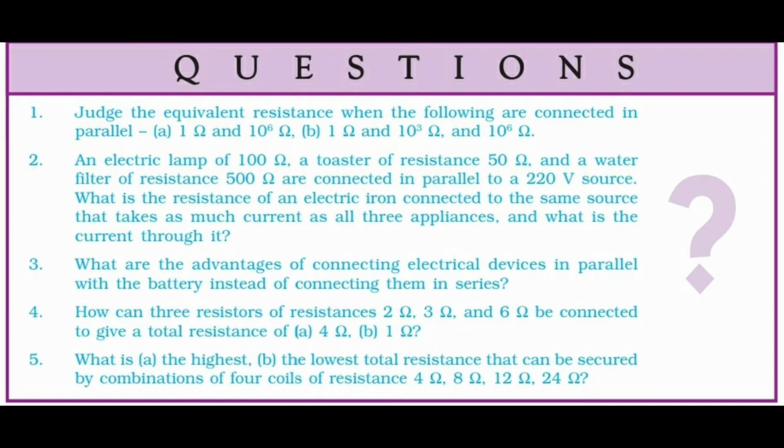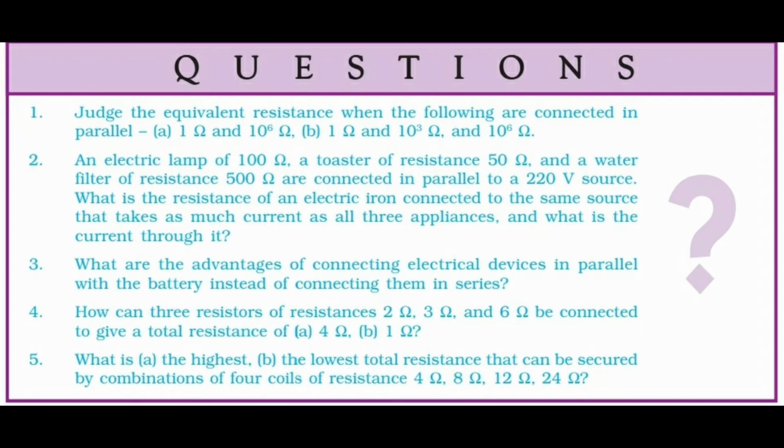In addition, in a parallel circuit, if one electrical appliance stops working due to some defects, then all other appliances keep working normally. In parallel circuits, each electrical appliance gets the same voltage as that of the battery, due to which all the appliances work properly.